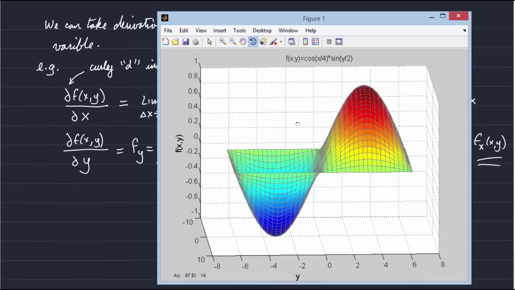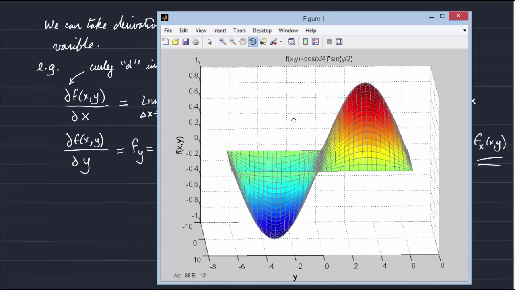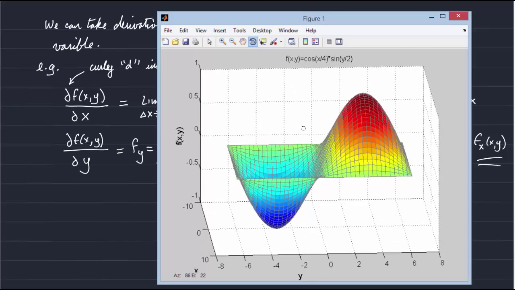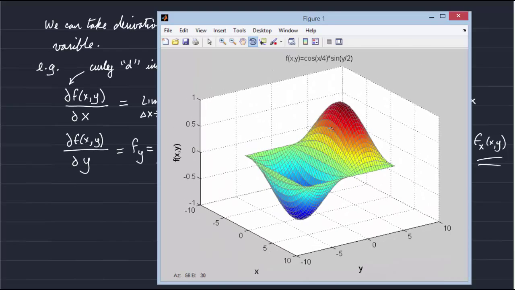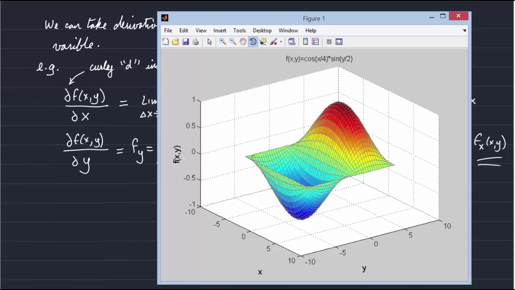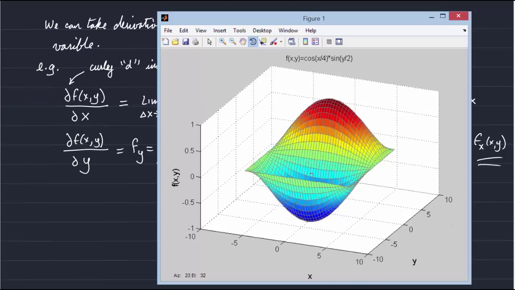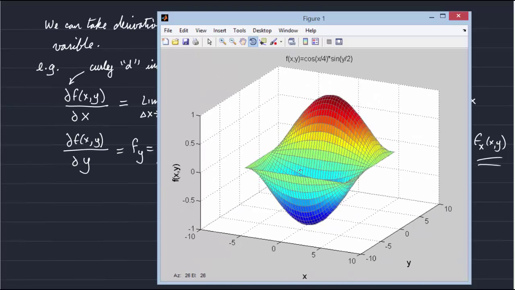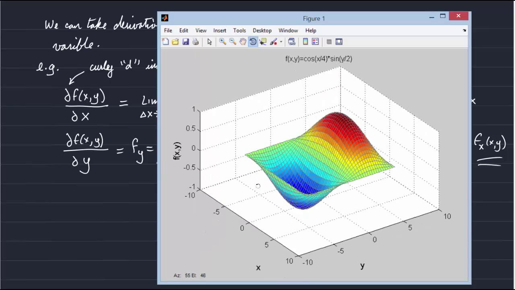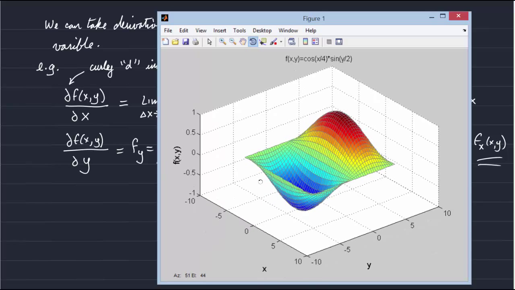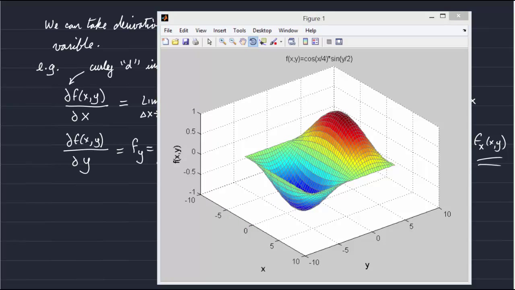So it's varying in y as a full sine function, and the wavelength of the cosine function is twice that of the sine function. Okay, and so you can imagine looking at how the function varies in one dimension.